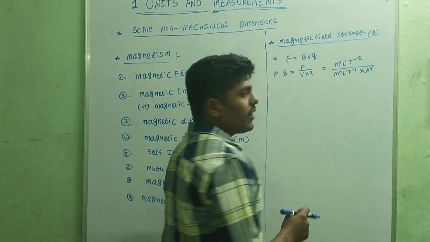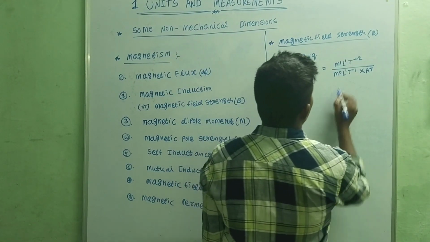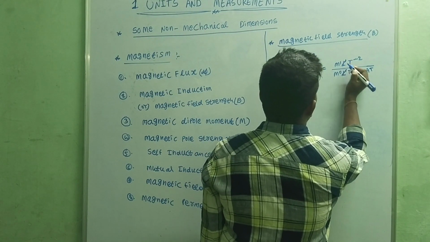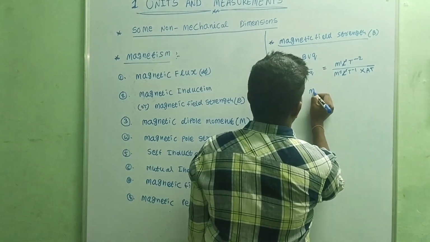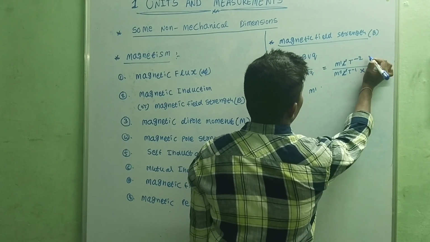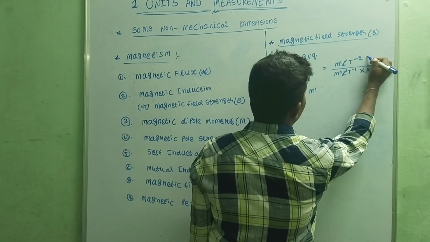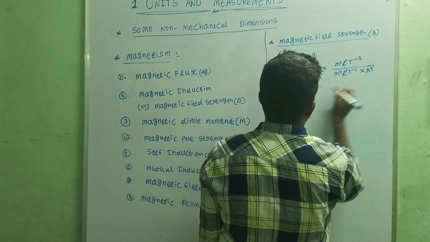Okay, now we can write the equation. L1 gets cancelled, so M1, T minus 1 becomes plus 1 from the denominator, and the other T also becomes minus 1.